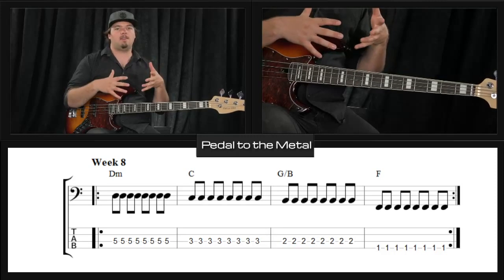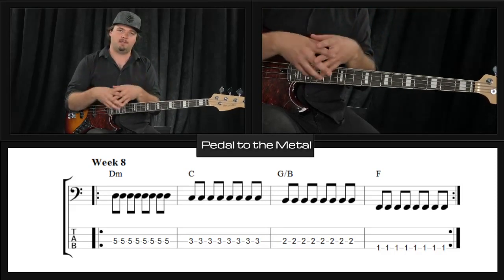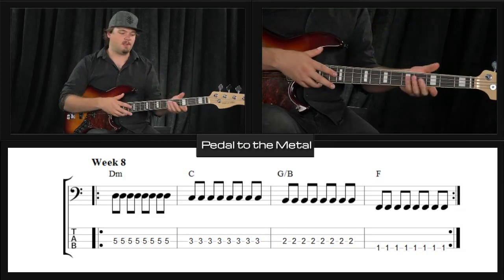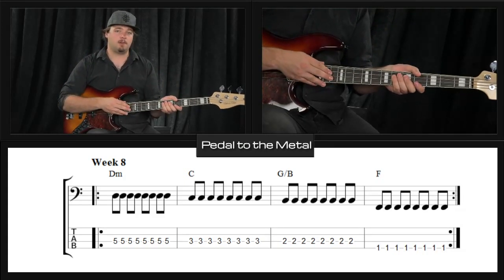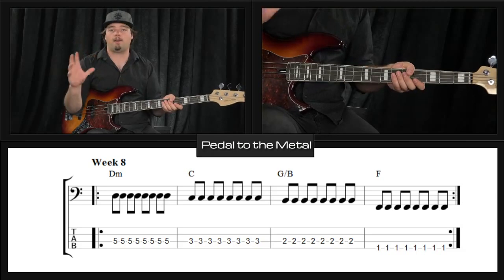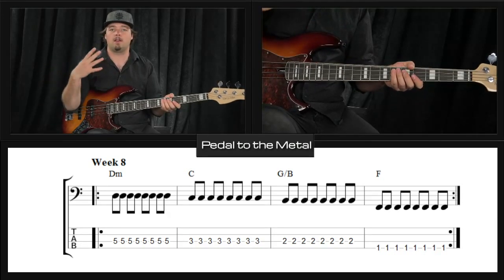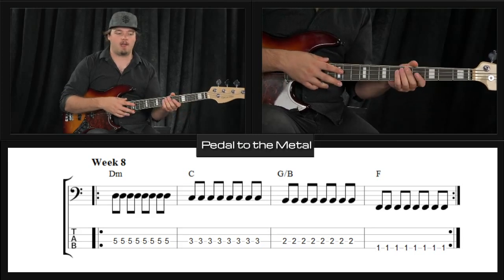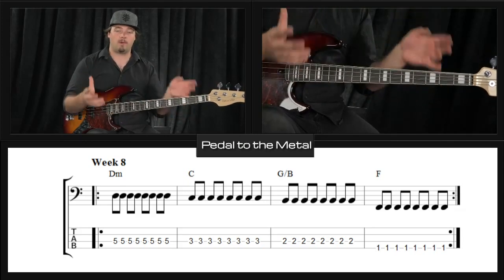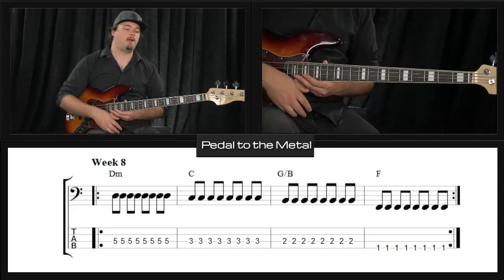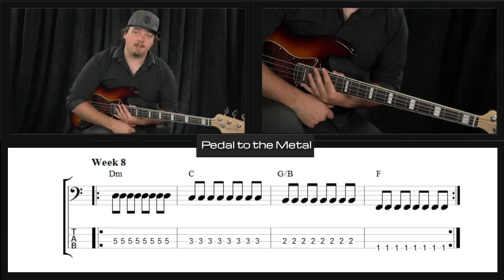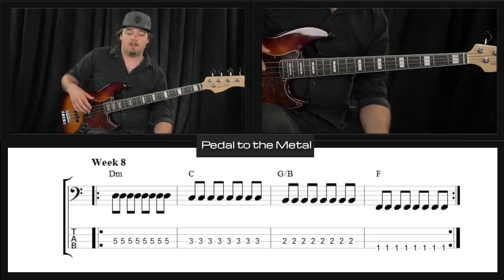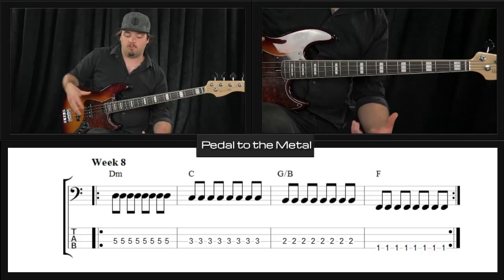We sit in the back and we provide this foundation, this link between the drums and everything else that's going on in the band, because we have the rhythmic aspect of what we do, and then we also have the harmonic or melodic element of what we do, where we're locking in with the drums in a rhythmic sense, but then the notes that we choose to play are outlining or reinforcing the chords that are going on everywhere else.